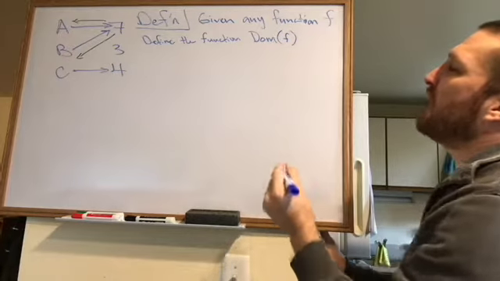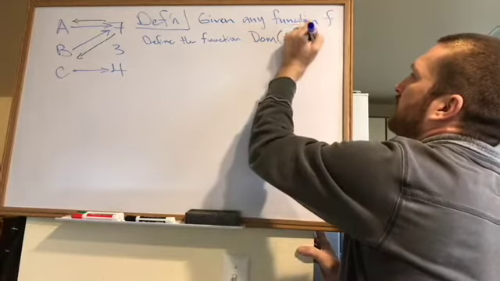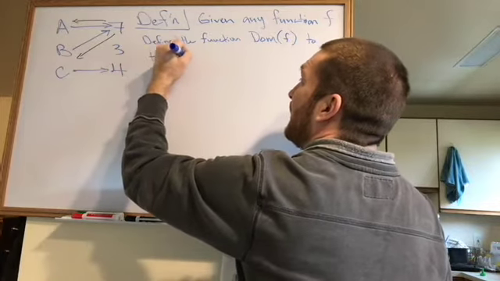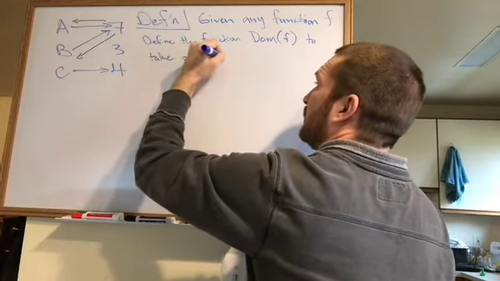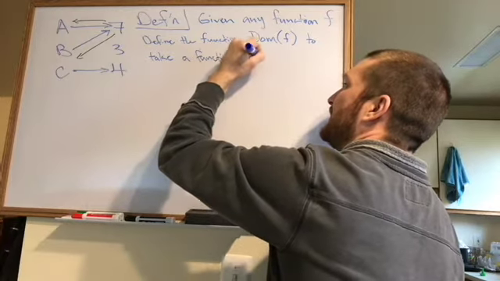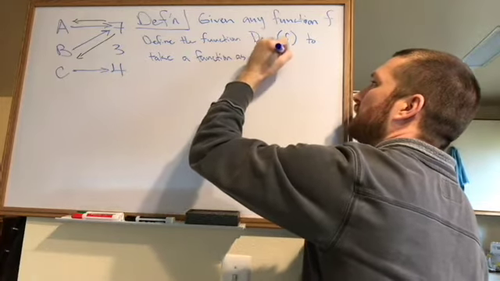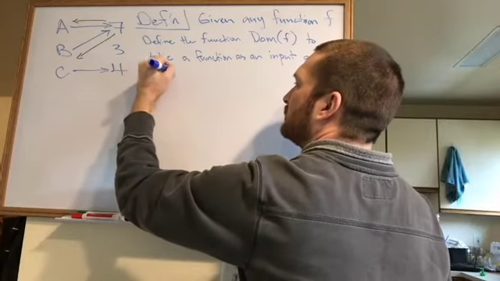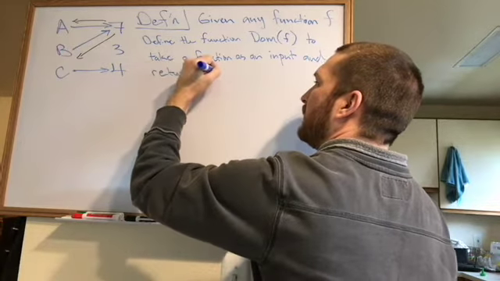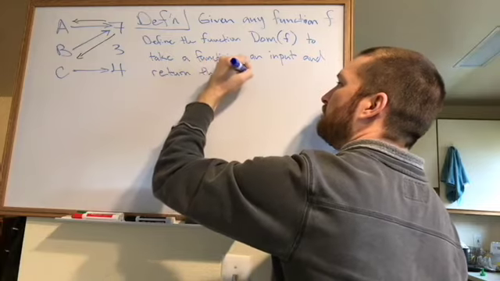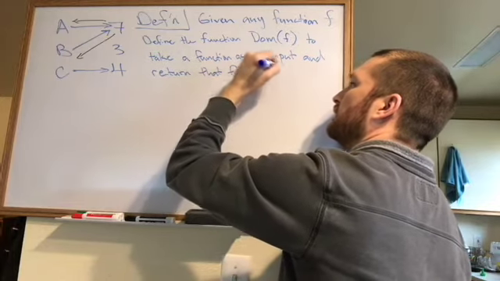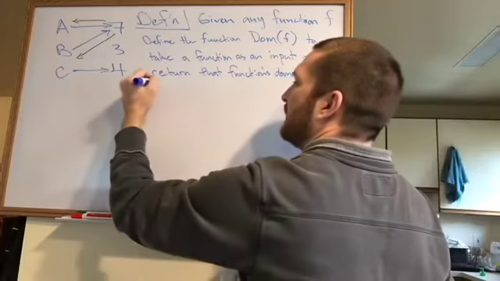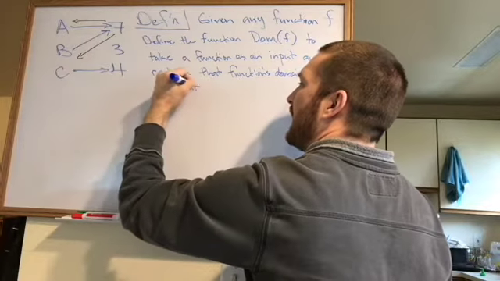Define the function dom of f to take a function as an input and return that function's domain as the output.